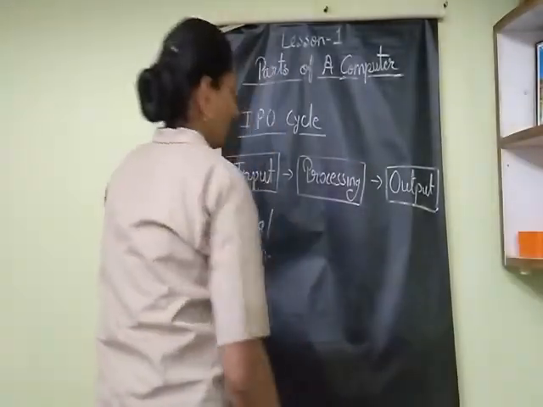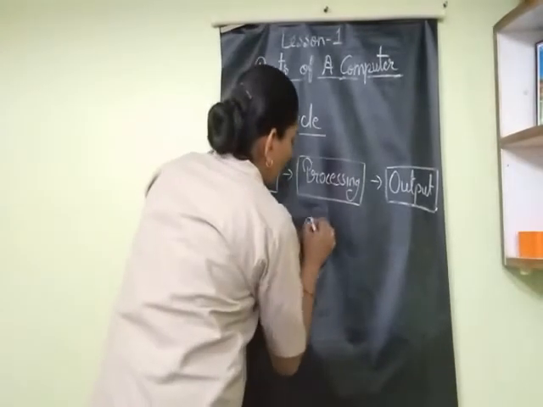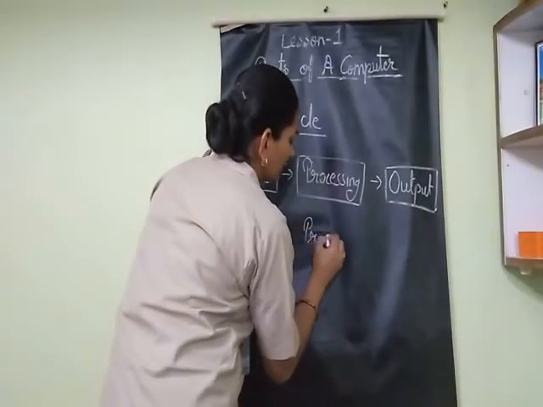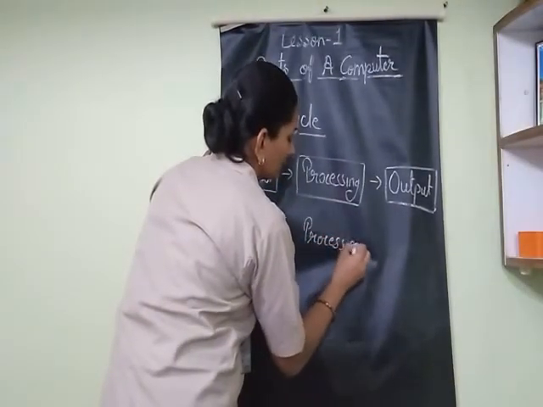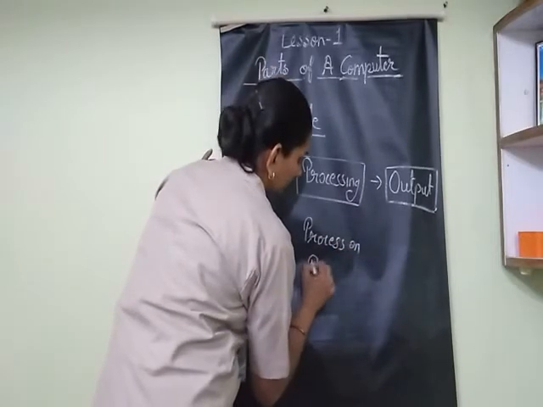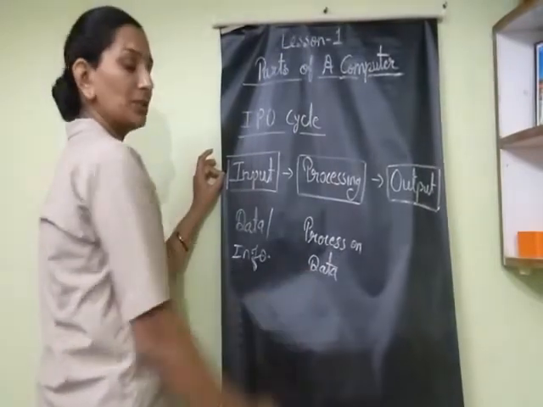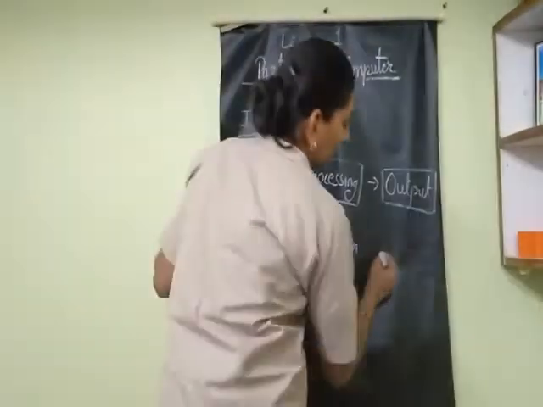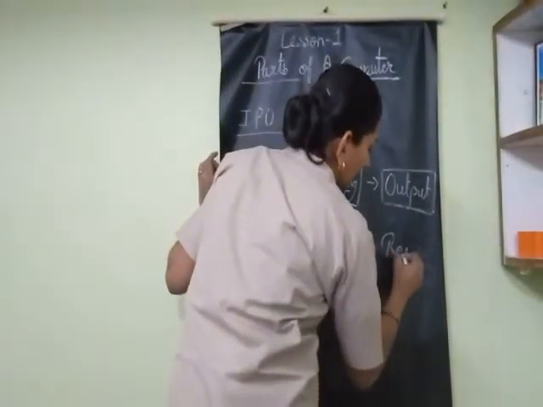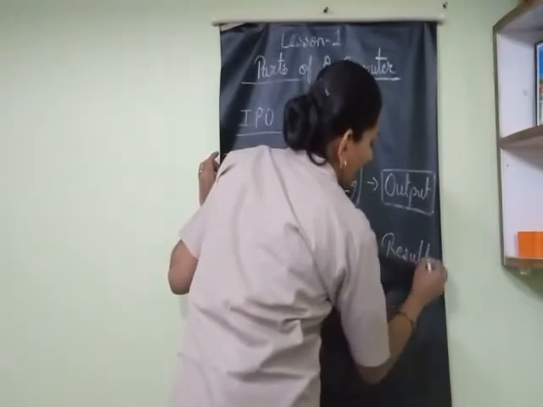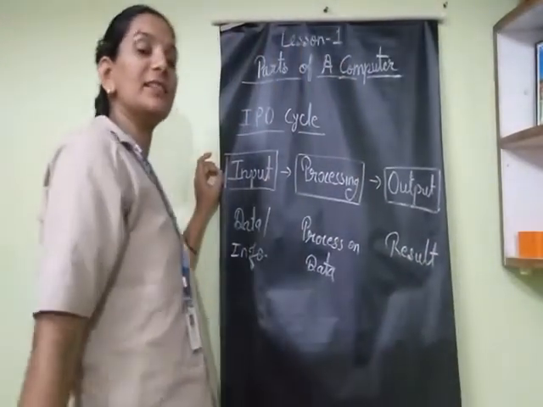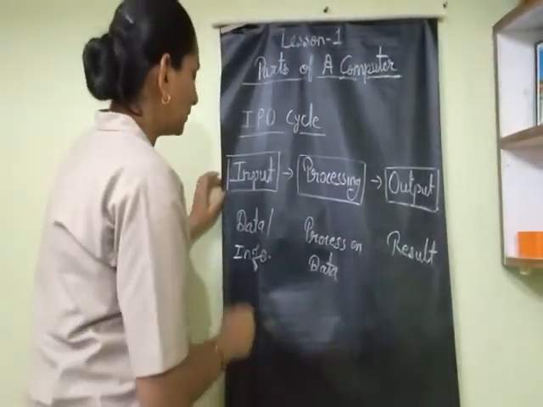Processing means processing the input data. Okay, the next step is processing the data, and the third step is the result. After processing, the result is generated.